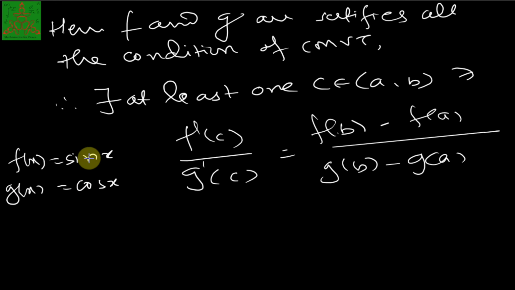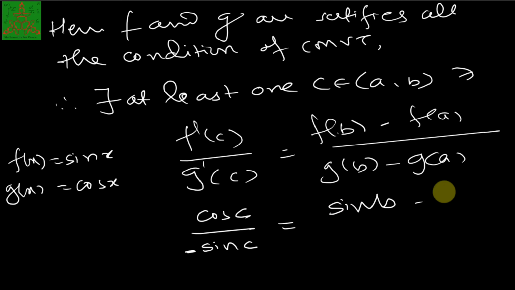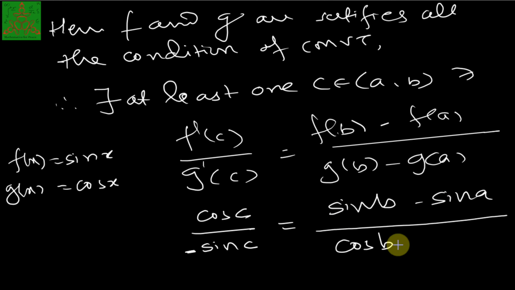The derivative of sin x we know is cos x, so it is cos c upon minus sin c, because the derivative of cos is minus sin. That is equal to sin b minus sin a upon cos b minus cos a. And this quantity is minus cot c, and that is exactly what we needed to prove.